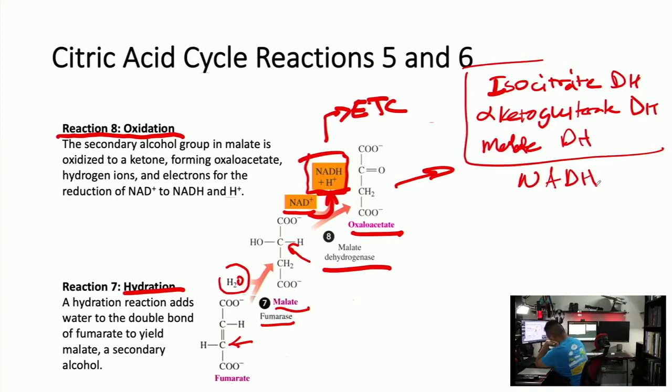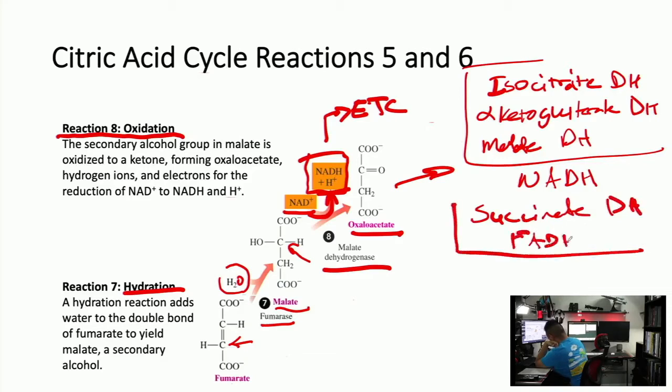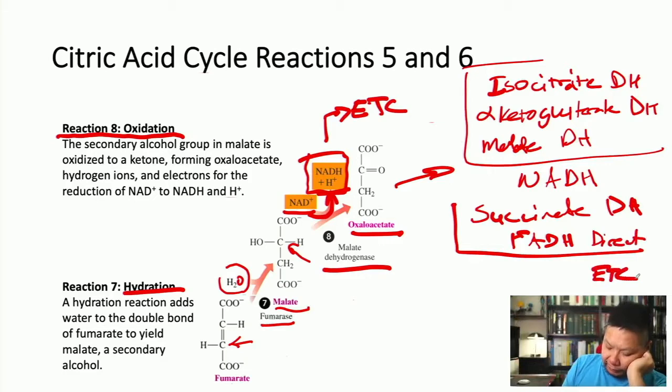Then we had one more dehydrogenase, which was succinate dehydrogenase, and that produced an FADH2 that was already a part of the electron transport chain. So that's why this is the direct connection to the ETC, whereas the 3 others were indirect. Make sure you know that.